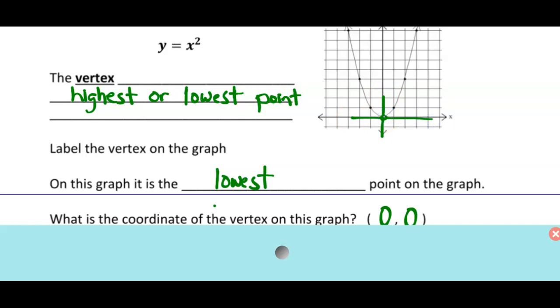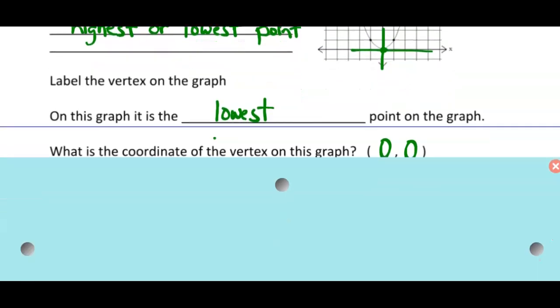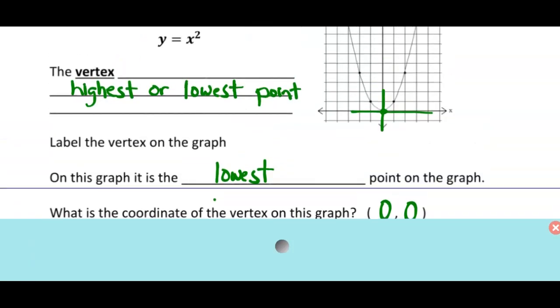When we're graphing these parabolas, we need to be able to start with our vertex. We have to have a starting point like we had our y-intercept, right? If we're doing a line, what was my x value? y equals mx plus b. My exponent was only a single x, right? Okay. Now, one other thing that you'll notice is that every parabola can be folded in half. So you see this line I drew on the y-axis?